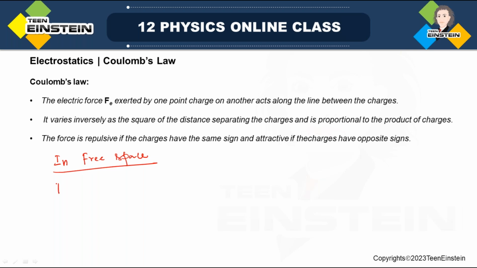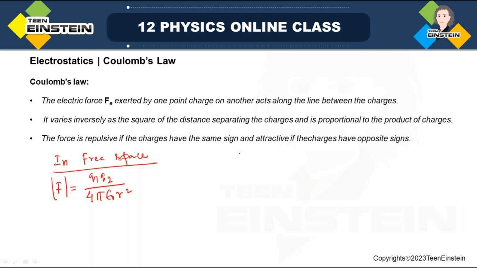So this is the magnitude, Q1, Q2 by 4 pi epsilon naught R square.